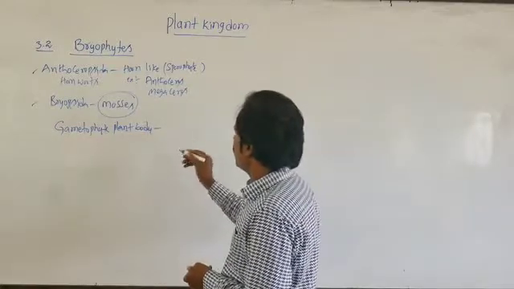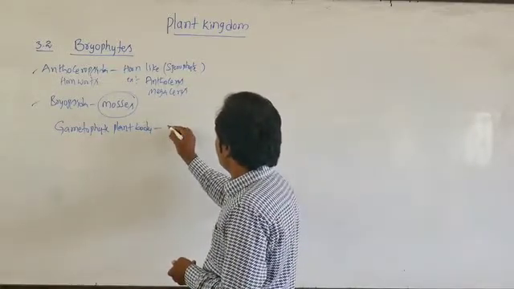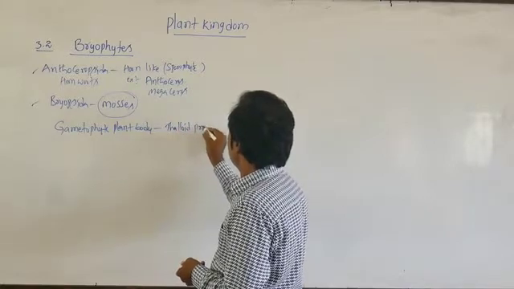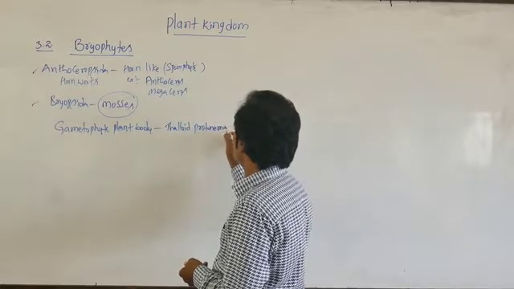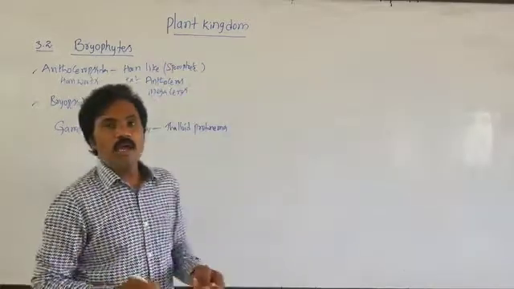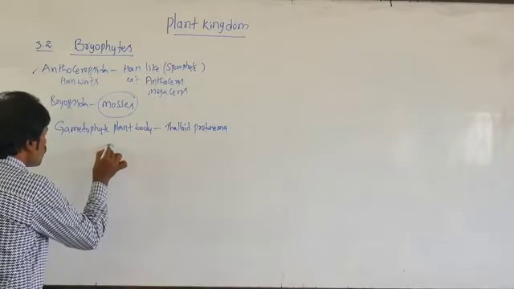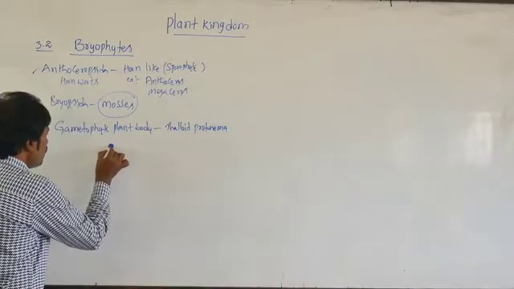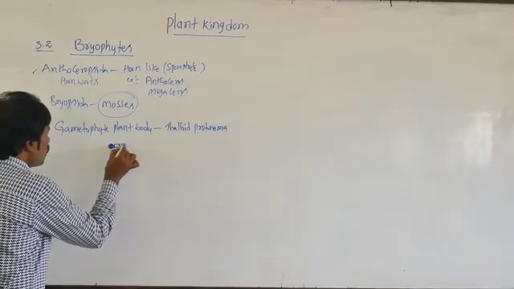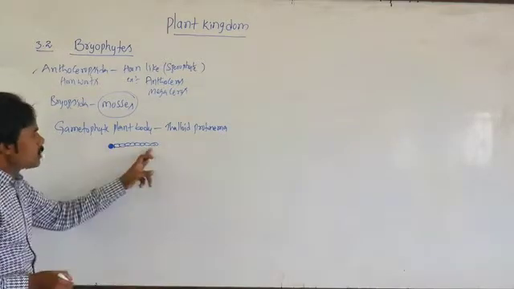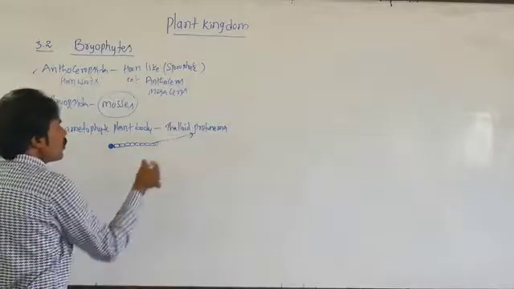This gametophytic plant body is primarily the thalloid protonema. Whatever spores are present, one particular spore will develop horizontally. This particular structure we call the protonema.